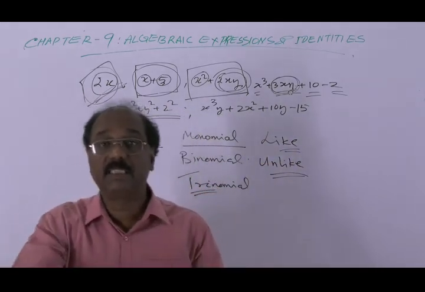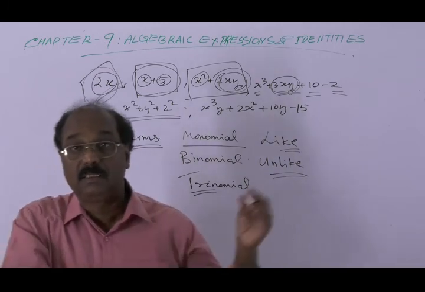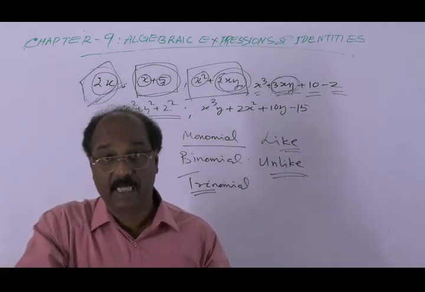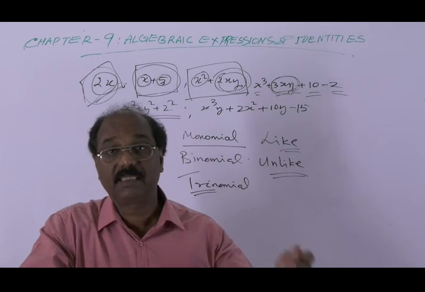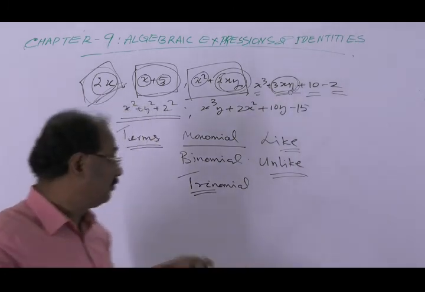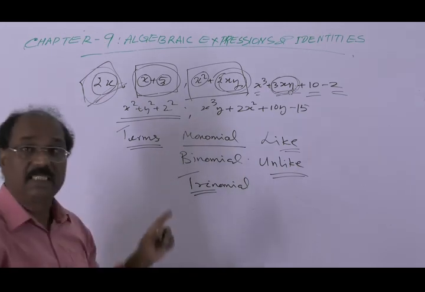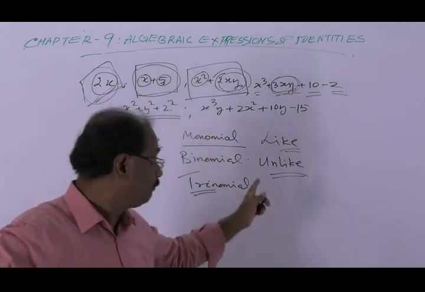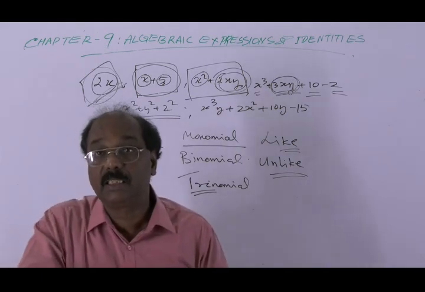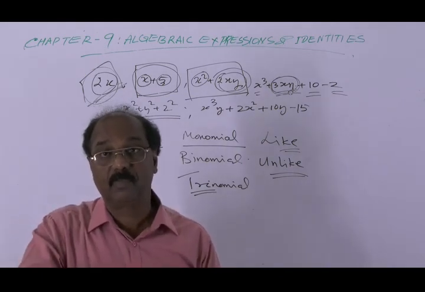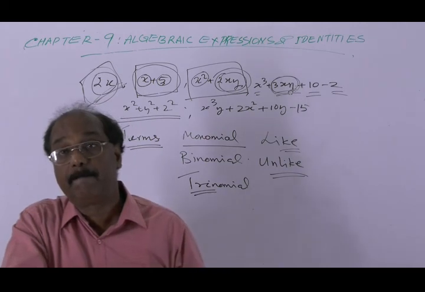So we have defined the expression, terms, factors, and also coefficients, then monomial, binomial, trinomial and general polynomial, and also like and unlike terms. And you have to remember one thing.